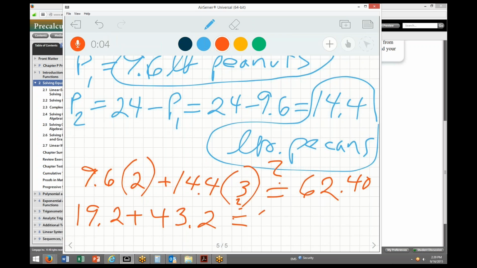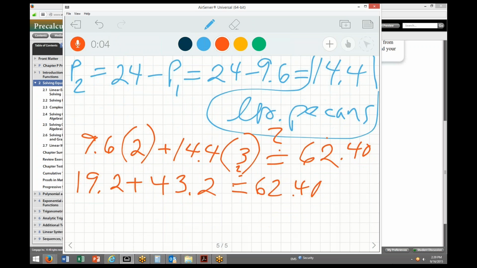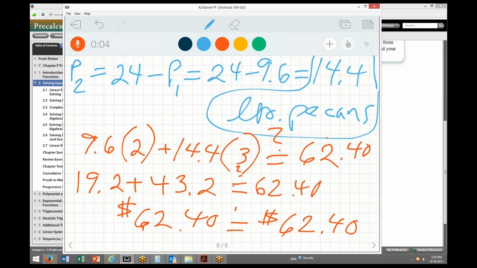And is that really equal to $62.40? Well, it's looking pretty promising, isn't it? 19.2 plus 43.2 is, yes, $62.40 does equal $62.40. That is in dollars and cents. Check, it works. So we just checked our answer that we did some good algebra, got a good answer. That's correct.